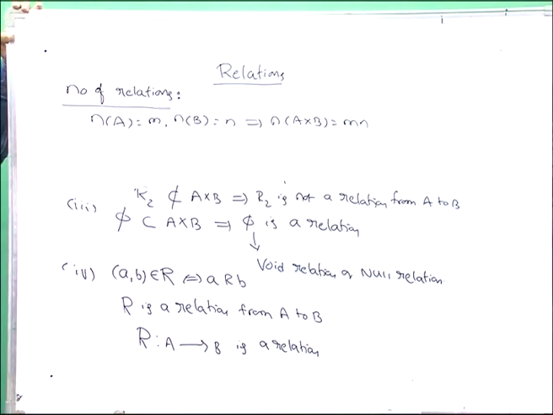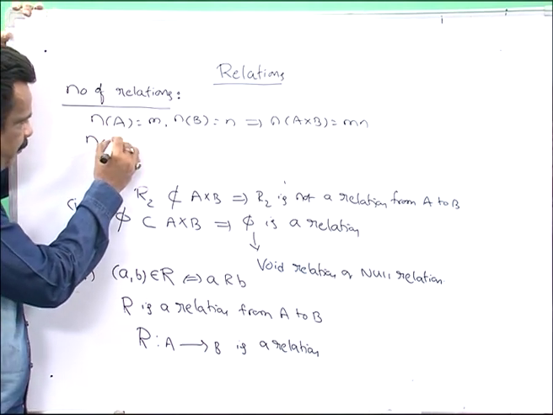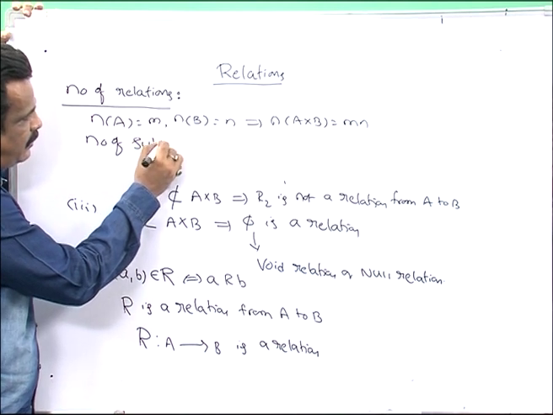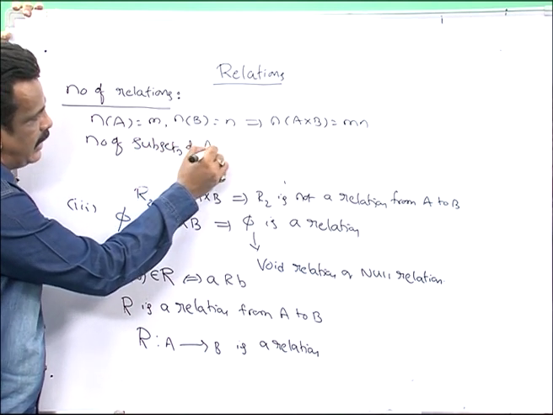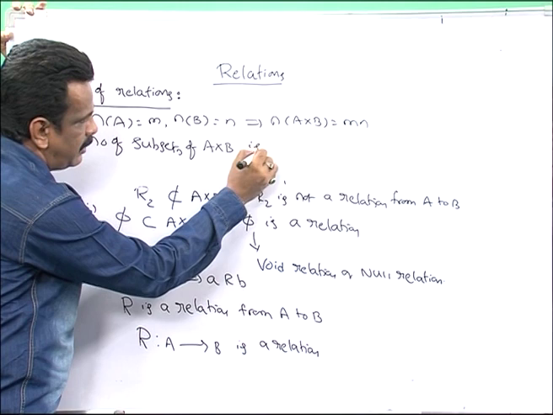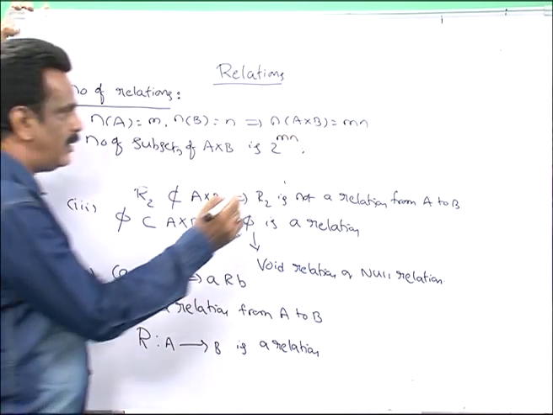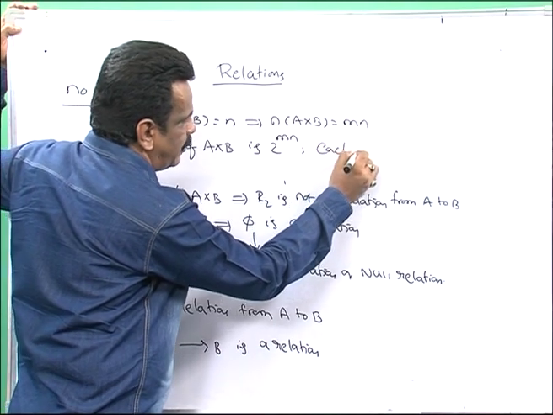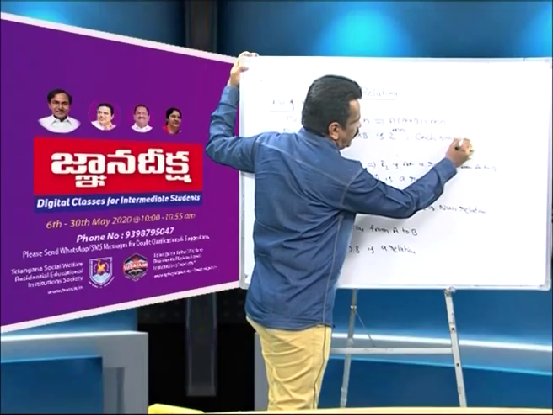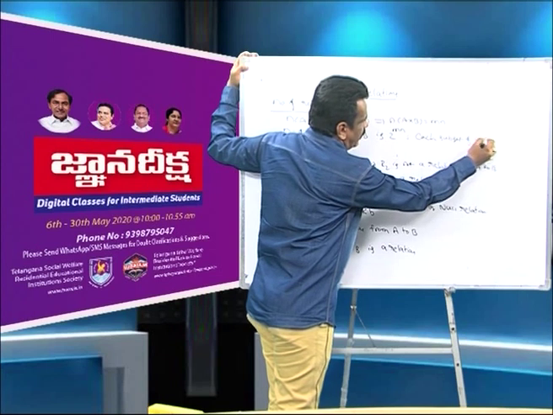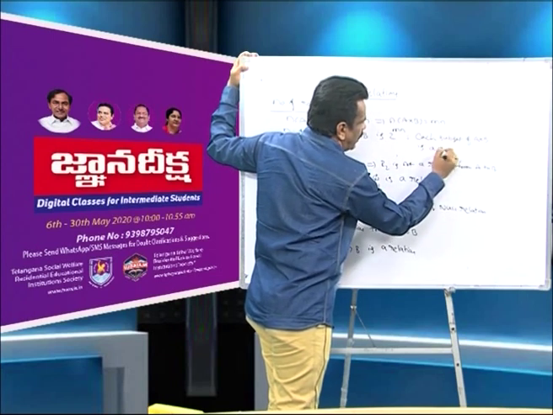Now already we know the number of subsets of A cross B is 2 power mn, and one more thing, each subset of A cross B is a relation.